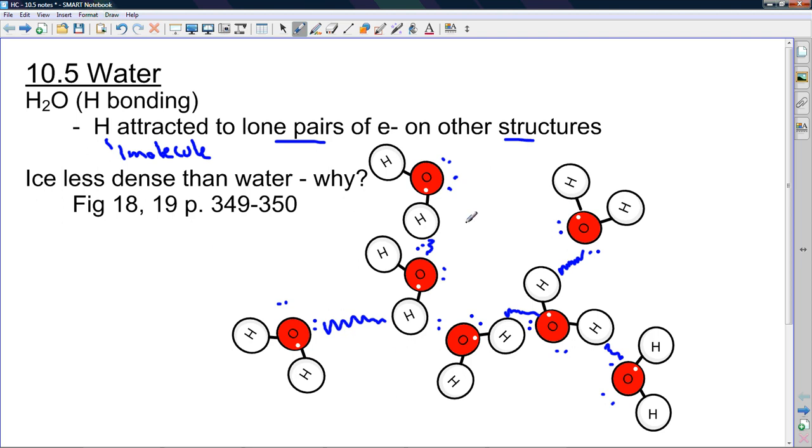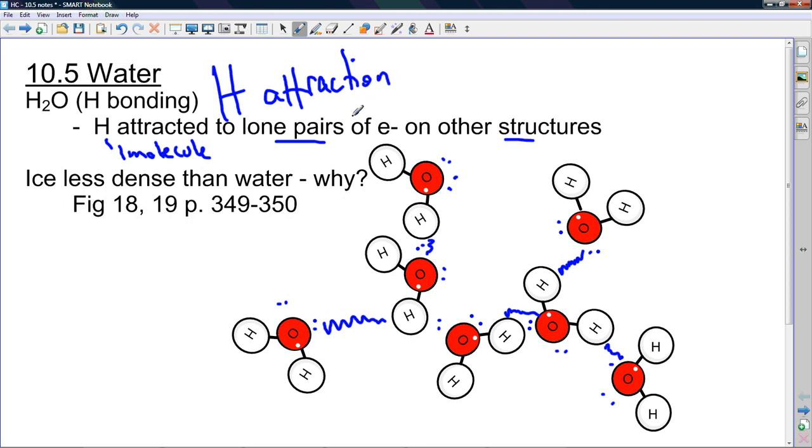This webbing effect allows water to have properties and characteristics that make it seem like the actual bonds are fairly strong, when in reality it's not that the actual bonds are stronger, but it's the attraction between other molecules. So really, what's the best thing to call this? Well, it's not hydrogen bonding, it's hydrogen attraction.